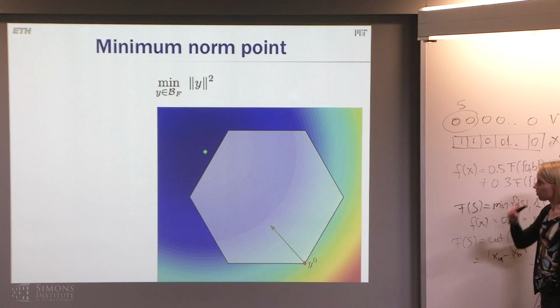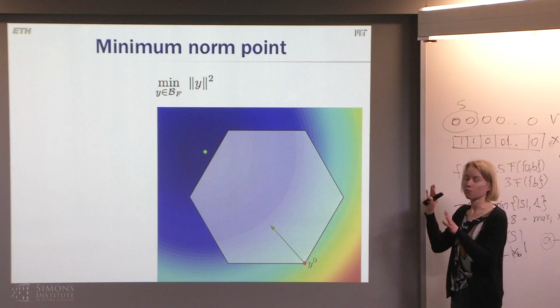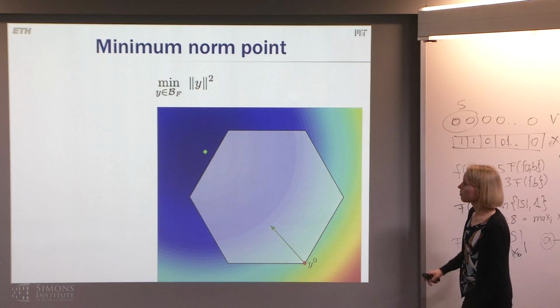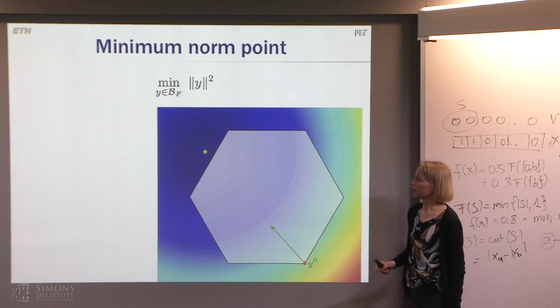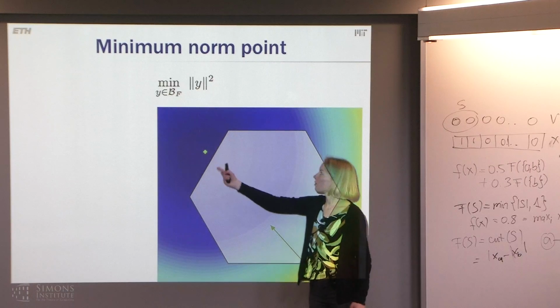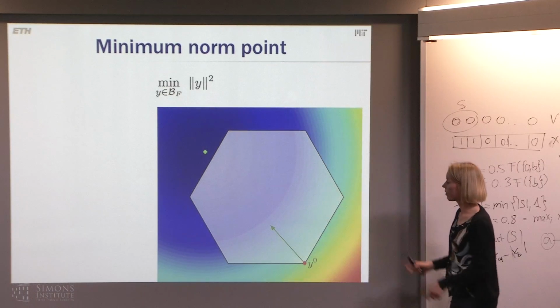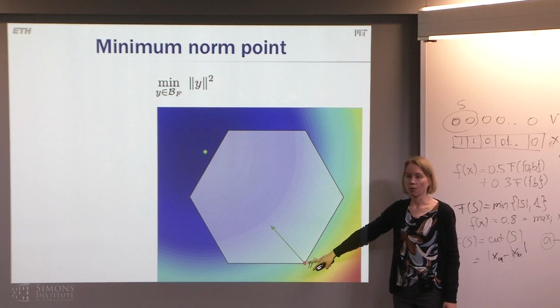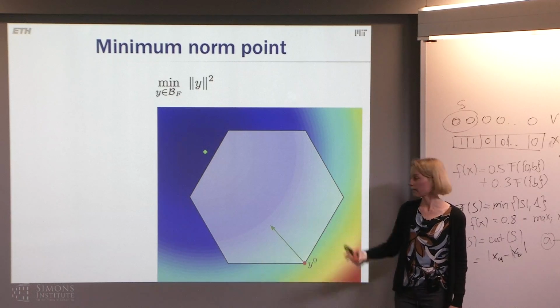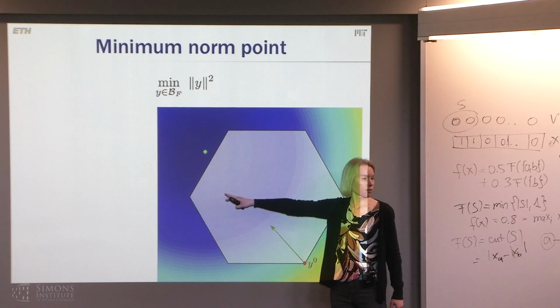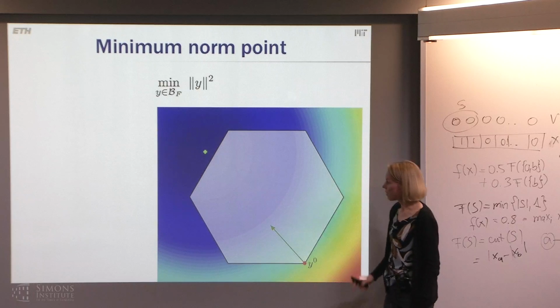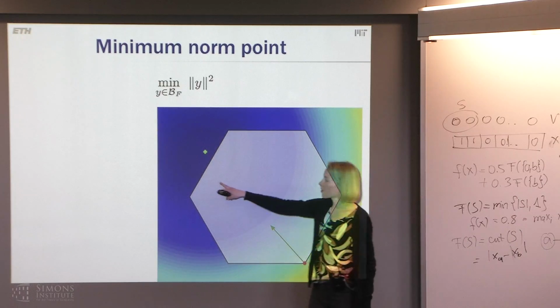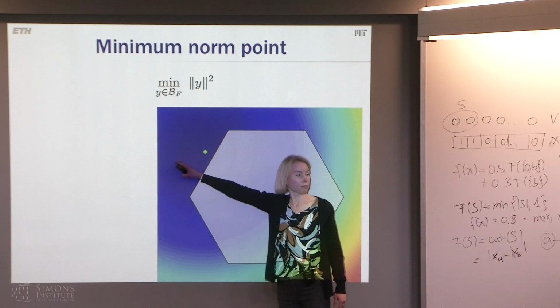Since I'm not sure if you have seen it before, let me just illustrate roughly the idea of it. We want to optimize over this polytope. This would be the unconstrained solution. The colors indicate function values here. We start at some arbitrary point. Now, if you want to do gradient descent, we would just go in the direction of the negative gradient. But again, this is a problem because if we were here, we don't know if we're going out of the polytope or not.